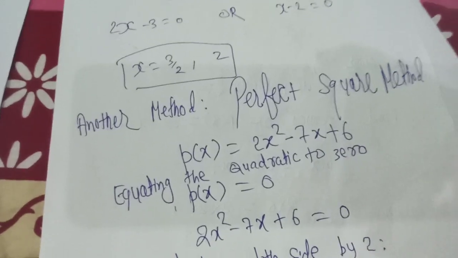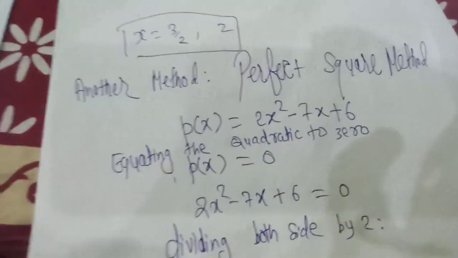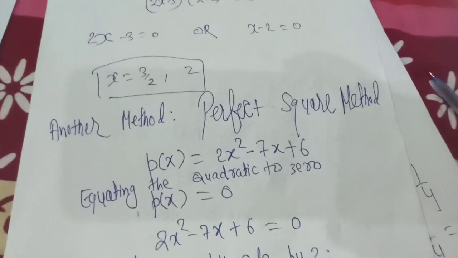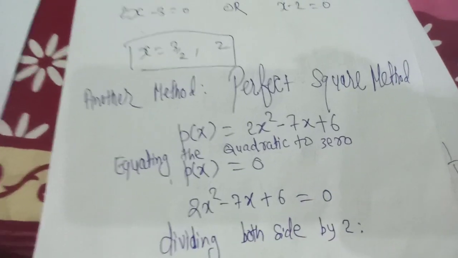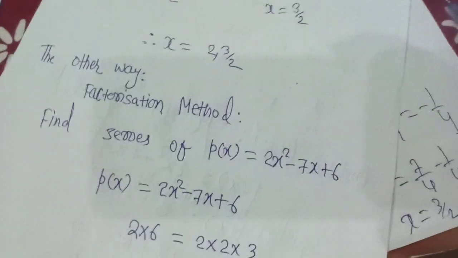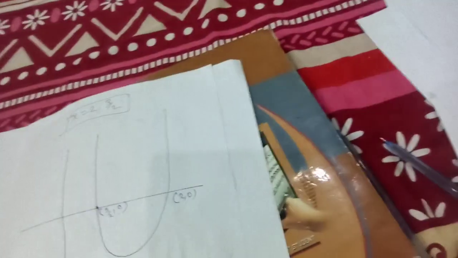And this is the last one. It is not very useful, but it is useful in the sense that if you want to understand how we arrive at the quadratic formula. We have already discussed it. So that's it. This is the method of finding the zero of the quadratic polynomial.